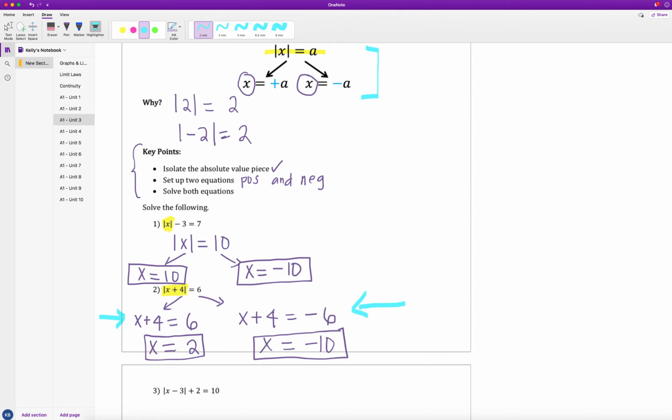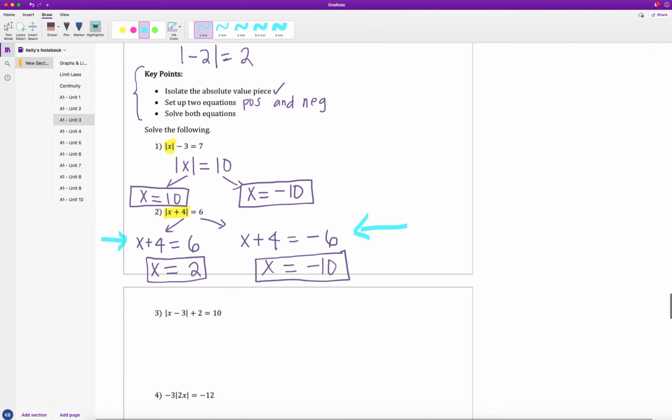Once you've split it into the positive and negative case, there's no need for absolute values because you're using the definition of what an absolute value is. The other thing that does not change is what's inside the absolute value. So the x plus 4 is still x plus 4 in both equations. What is changing is the number that we are setting it equal to. So in the positive case, it equals positive 6. In the negative case, it equaled -6.